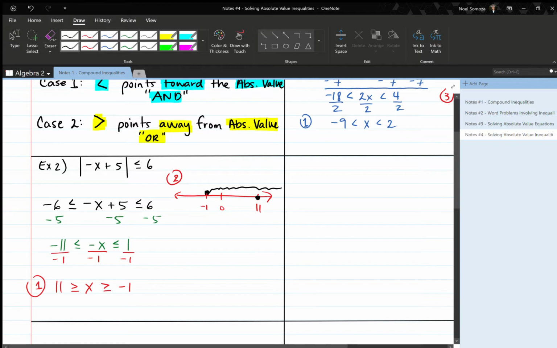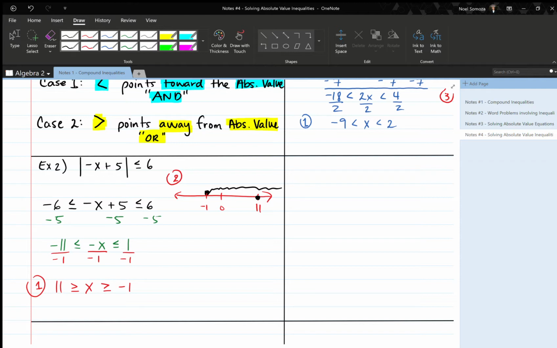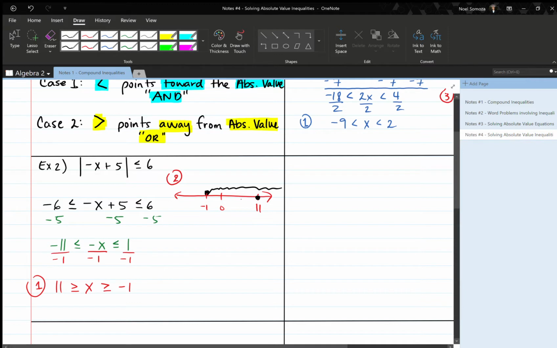X in this case is what? How would you read that? X is less than or equal to 11. Remember, you can always rewrite it if you need to. So now we shade left. That tells me I have an intersection right here between negative 1 and 11. So let's redraw that.